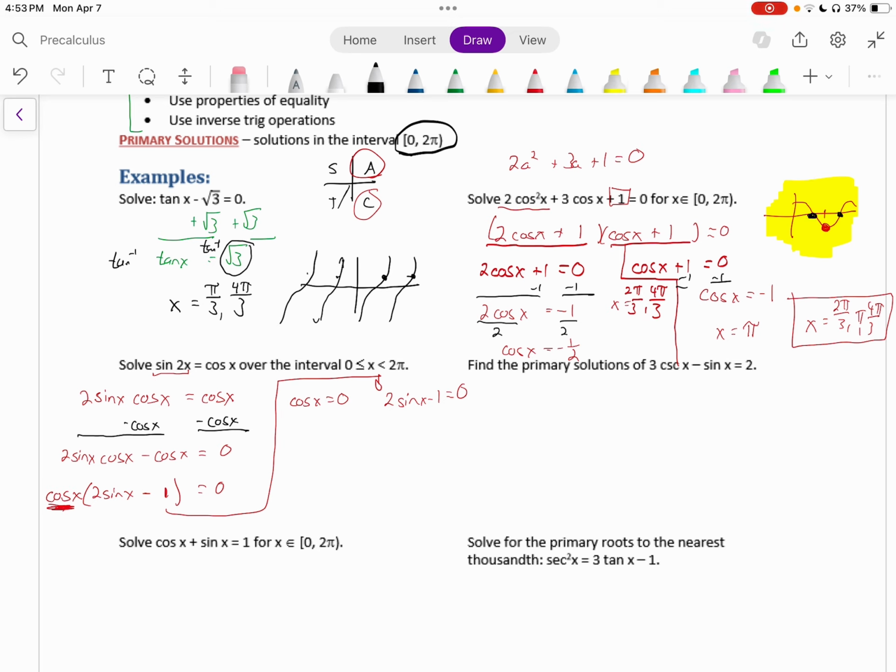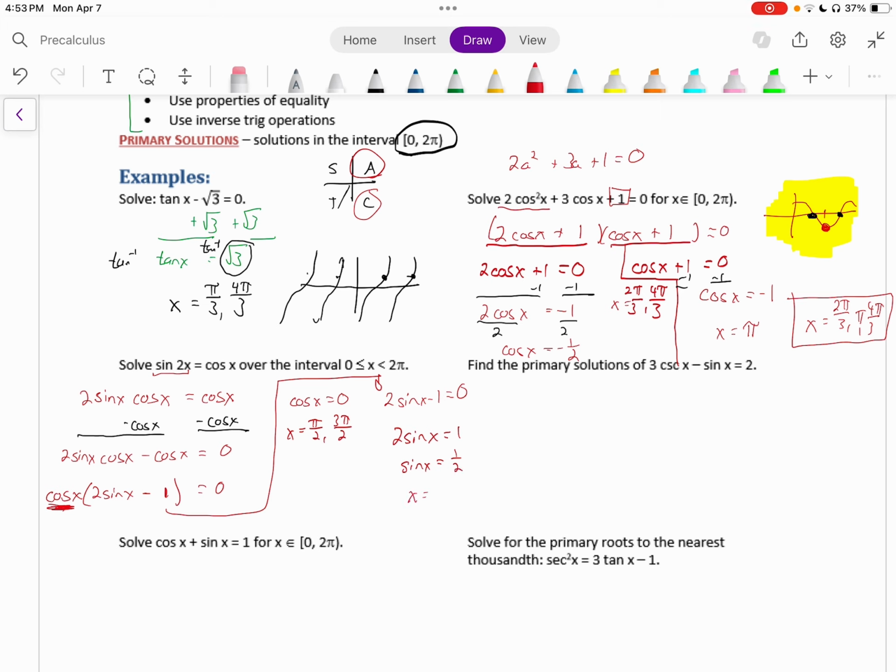Now coming to this other one, we're going to add 1 to both sides. If we add 1 to both sides, we get 2 sine of x equals 1, divide by 2. And now we're thinking, when does sine equal 1/2? So from what we've learned, or from our chart, we know sine is 1/2 at pi over 6 in the first quadrant.